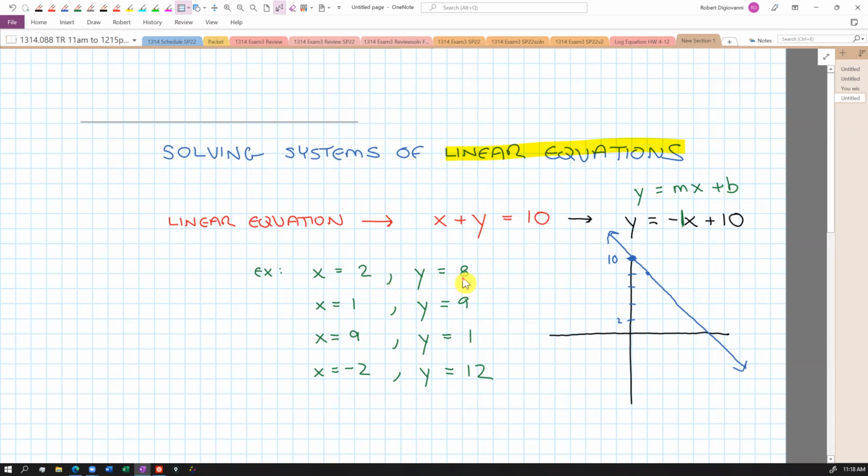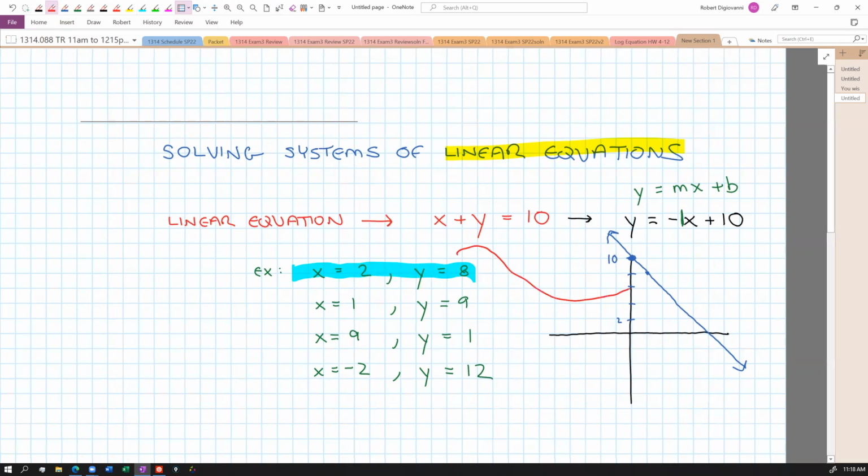So look at these points. See this point 2, 8? That point is actually on this line, isn't it? 2, 8. That right there is actually that point right there, isn't it? And what about the next one? Let's do 9, 1. How about that one?